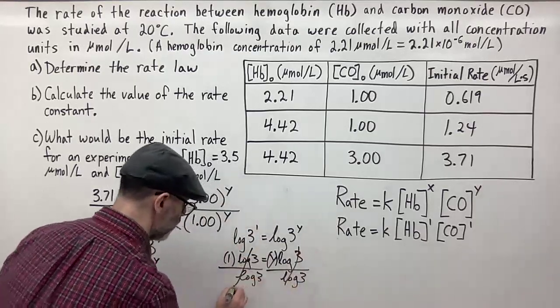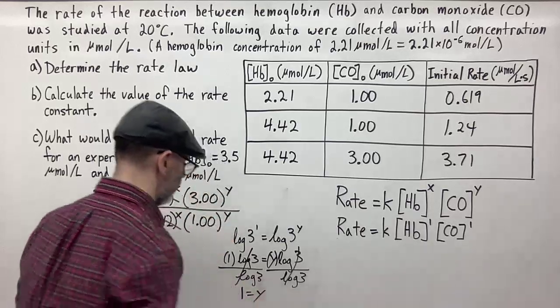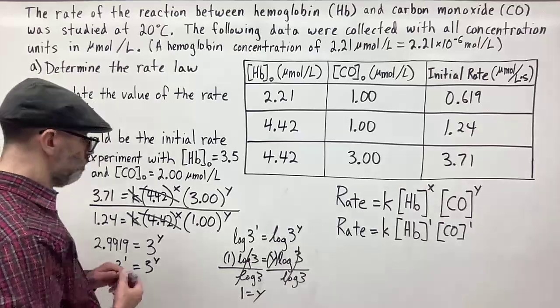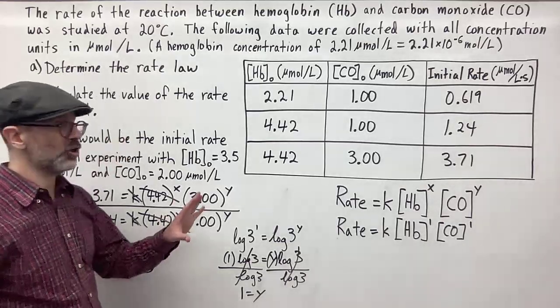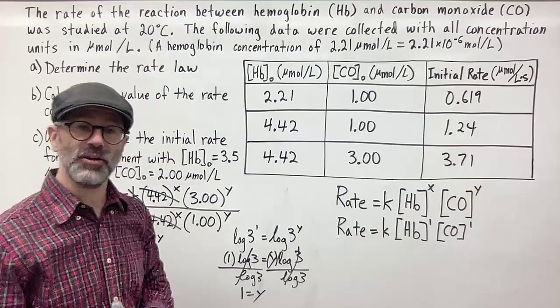So that cancels out. And we get 1 is equal to y. So y is equal to 1, just like before. So again, you can look at the data and eyeball it and figure out what the relationship is.